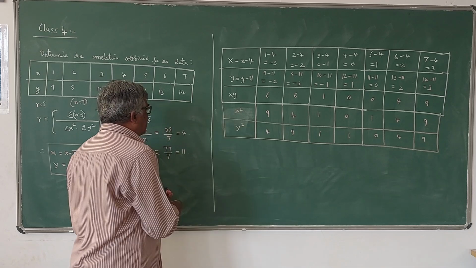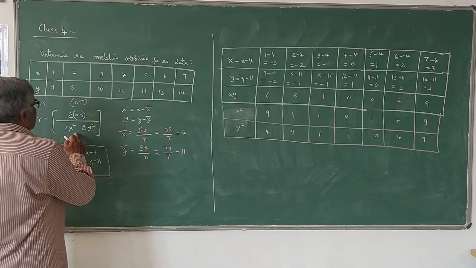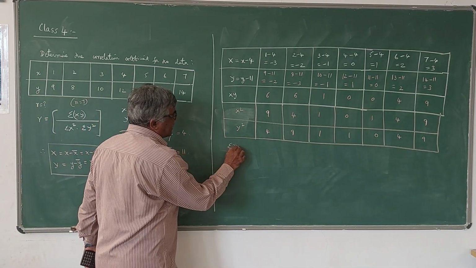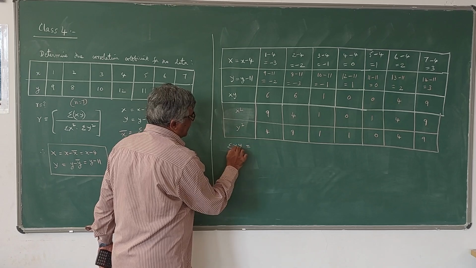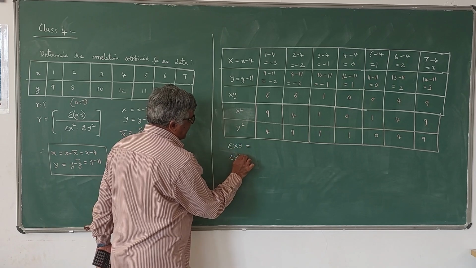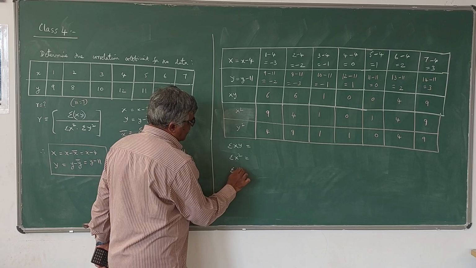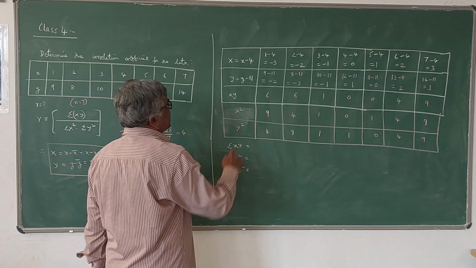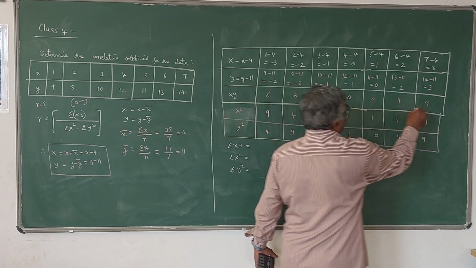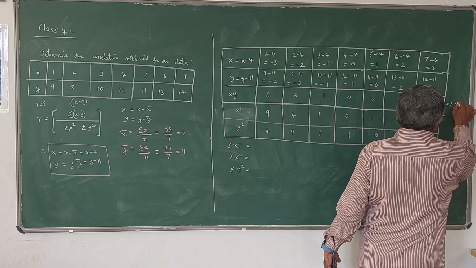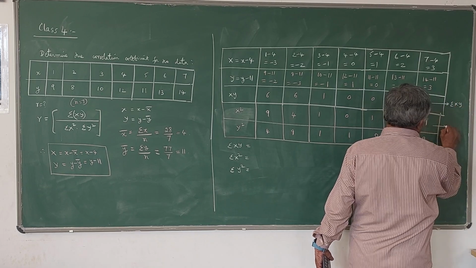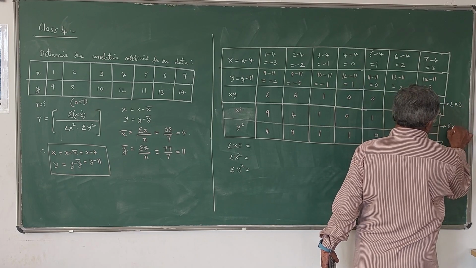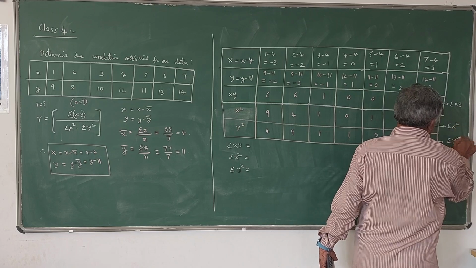Now we need these three summations: sigma xy, sigma x square, sigma y square. So sigma xy is the summation of this entire system. This is sigma xy. We have to add horizontally. This is sigma x square. This is sigma y square.